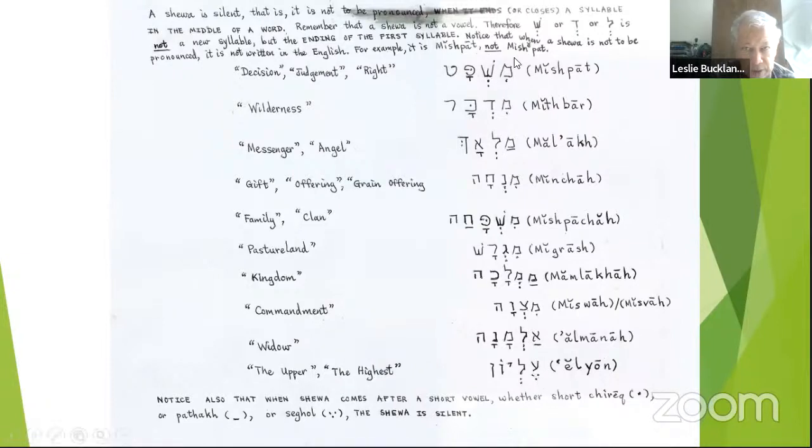So the rule is, when it comes after a short vowel, these two dots, called the simple shiwa, are not to be pronounced. They are to be silent.